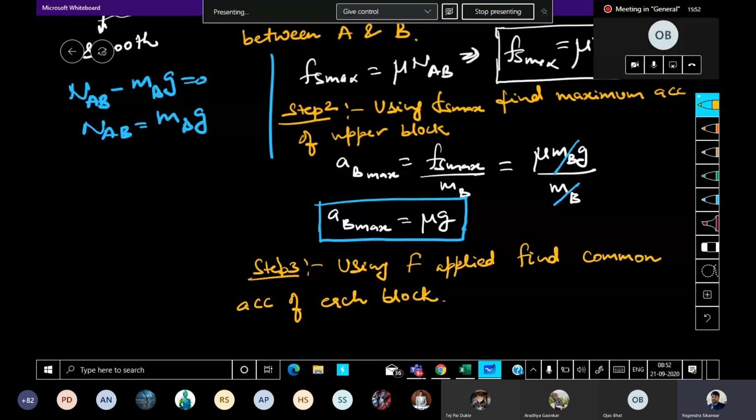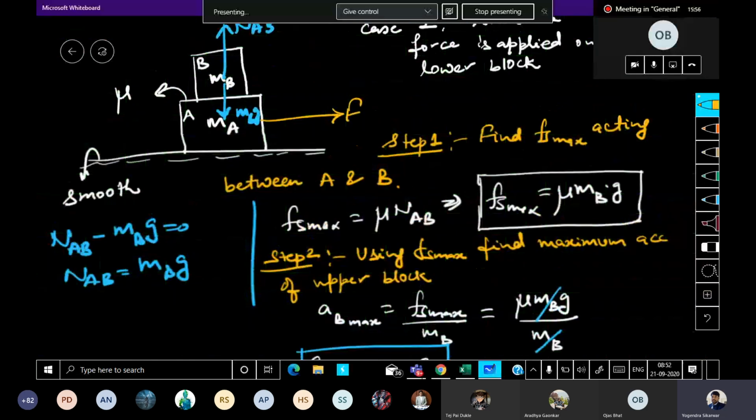See, on the system of A and B block, the only external force in the horizontal direction is F. So as we have only F along horizontal, the acceleration will be caused due to F only, because friction is their internal force.